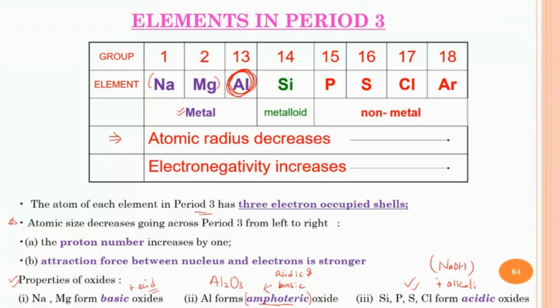This is an important point that you need to know. But basically, you need to know this amphoteric oxide. That is aluminum, group 13.